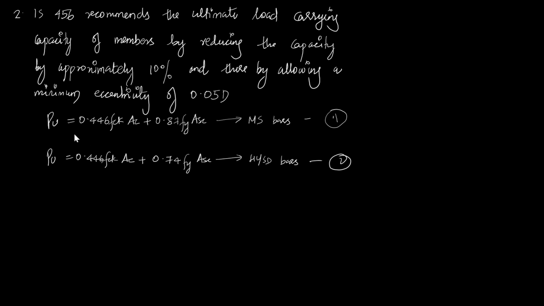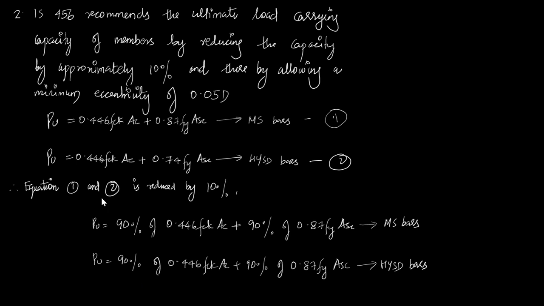So here you have the equation Pu is equal to 0.446 FCK AC plus 0.87 Fy ASC for ms bar, and Pu, that is the ultimate load carrying capacity, is equal to 0.446 FCK AC plus 0.74 Fy ASC for HYSD bars. So in order to account for minimum eccentricity, we will reduce it by 10%.